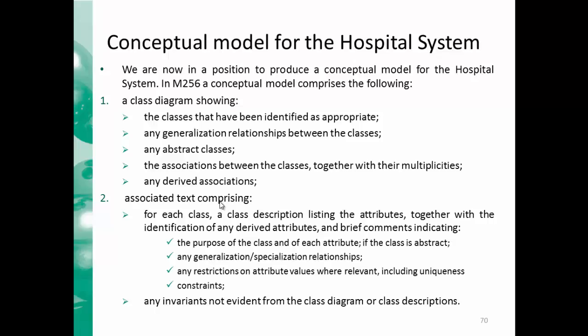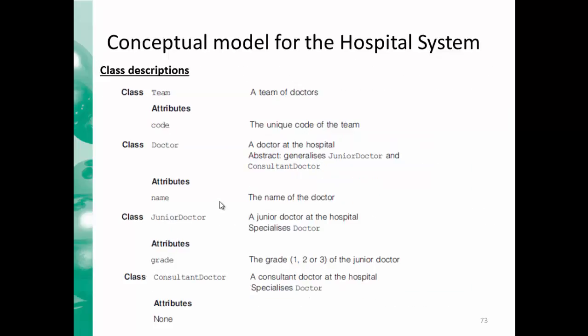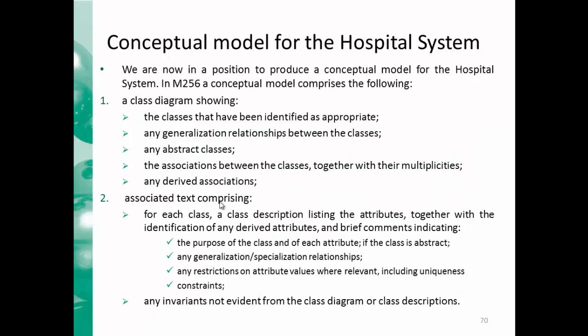It will include class diagram, associated text, and invariants. The class diagram includes the classes that have been identified, all associations and generalization relationships, abstract classes, derived associations, and derived attributes.